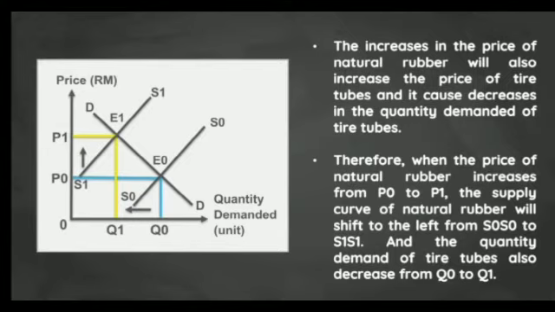Therefore, when the price of natural rubber increases, the supply curve will shift to the left from S0 to S1, and the quantity demanded of tire tube also decreases from Q0 to Q1. The new equilibrium point will be at E1, price equilibrium will be at P1, and the quantity equilibrium will be at Q1.